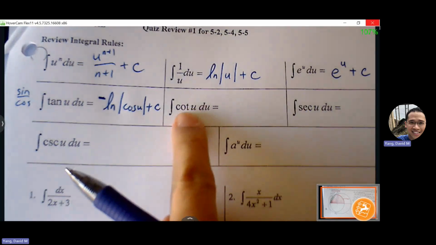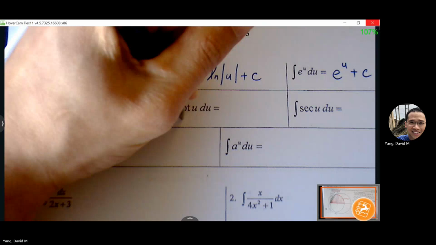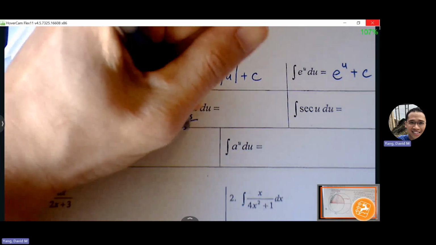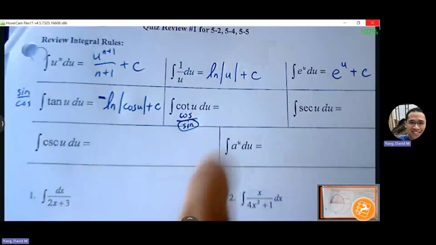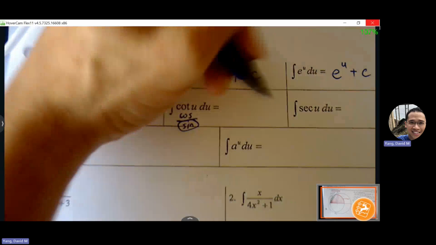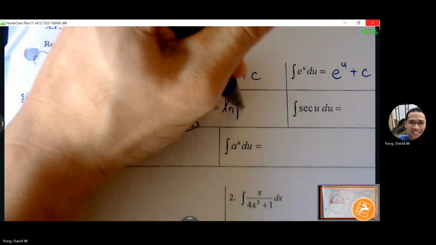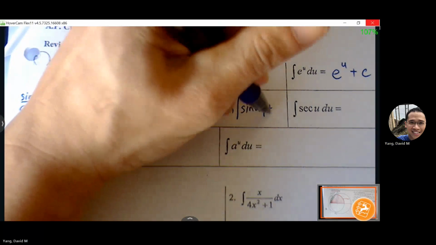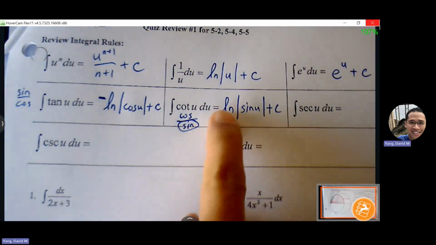All right, cotangent. We can think of cotangent as cosine over sine. So that helps me remind myself that it's the sine that's going to show up in my natural log antiderivative. And this one is positive.